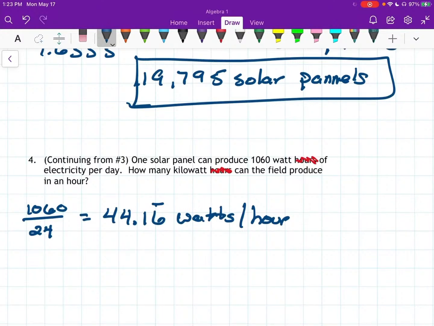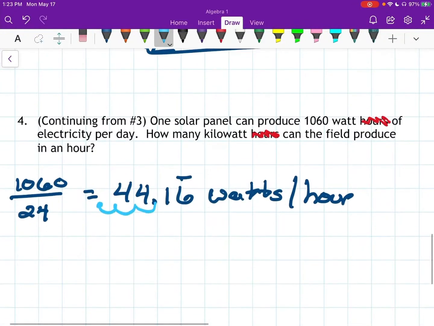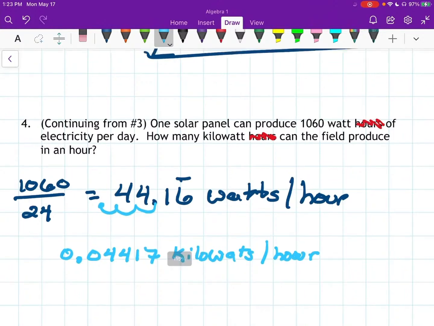Now, we could also convert these watts into kilowatts. And one of the ways that we can convert watts to kilowatts, this is a metric conversion really easily, is to move the decimal spot 3 spots. So this turns it into 0.04417. And this is kilowatts per hour.